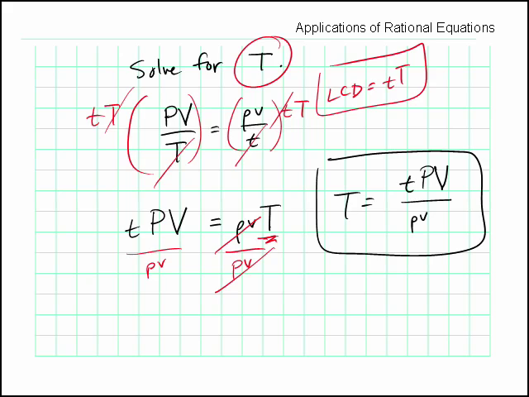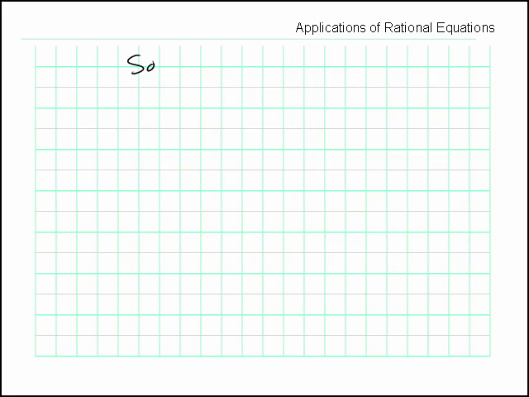A couple more. Solve for V1. The equation is A equals V1 minus V2 over little t.